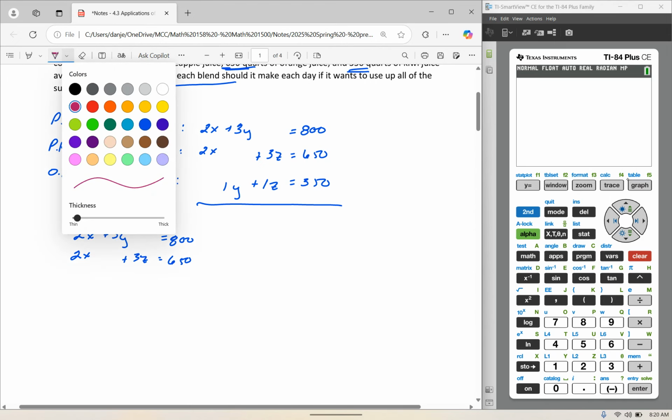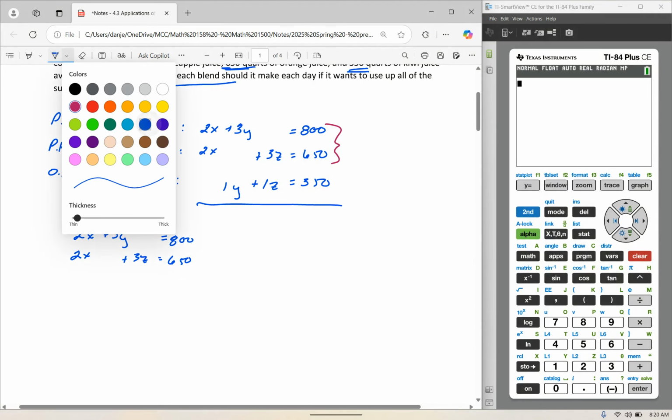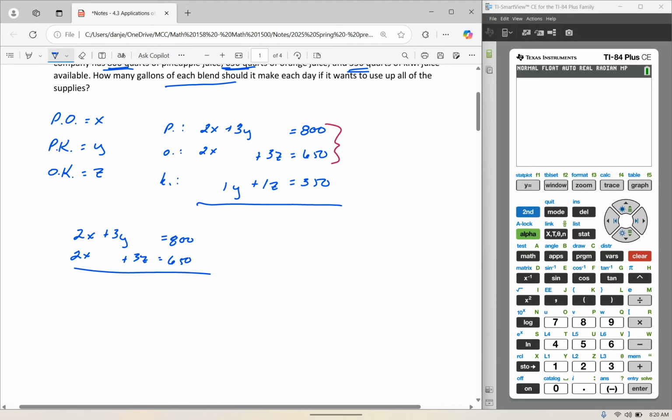I'm using the top 2 equations and simply subtracting the bottom equation from the top. So 2x minus 2x cancels. 3y minus nothing. Then we have the minus 3z. And then 800 minus 650 is 150.